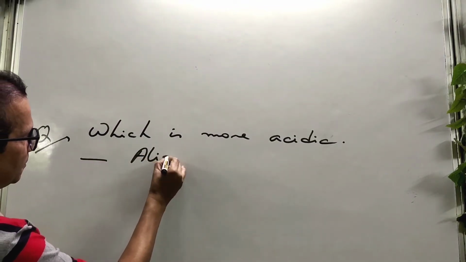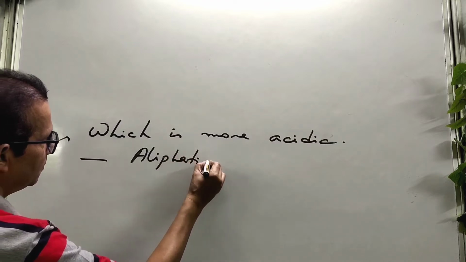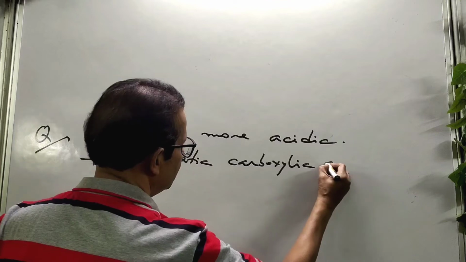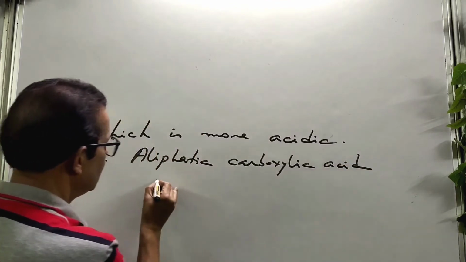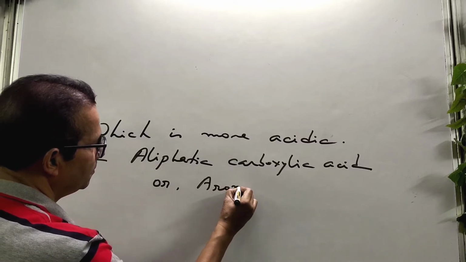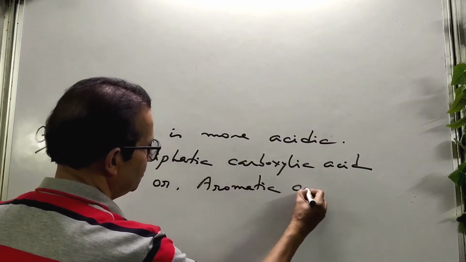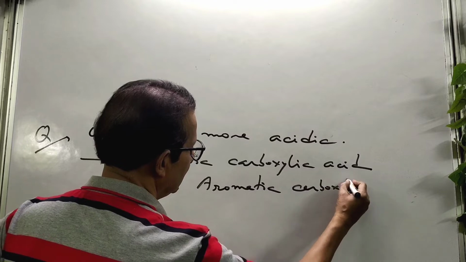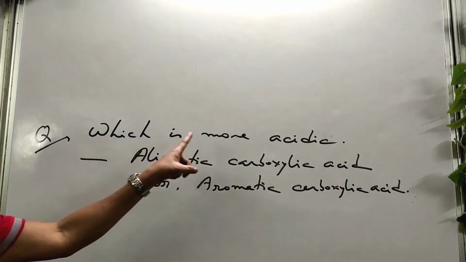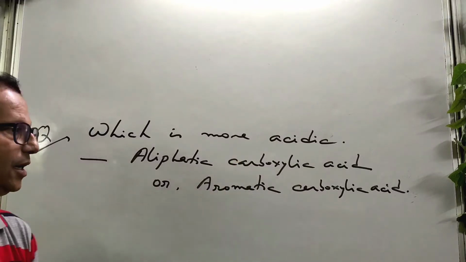Aliphatic carboxylic acid or aromatic carboxylic acid? Can you tell me which is more acidic, aliphatic or aromatic?